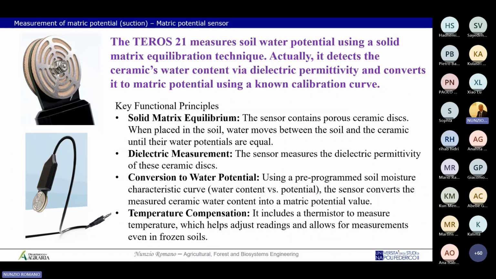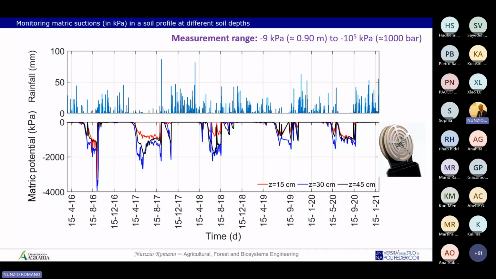And I listed here the key functional principle of this equipment. This is the modern evolution of the old gypsum sensors, which you can find in some old textbooks, that measure the matric potential. And in this slide, you see an example.